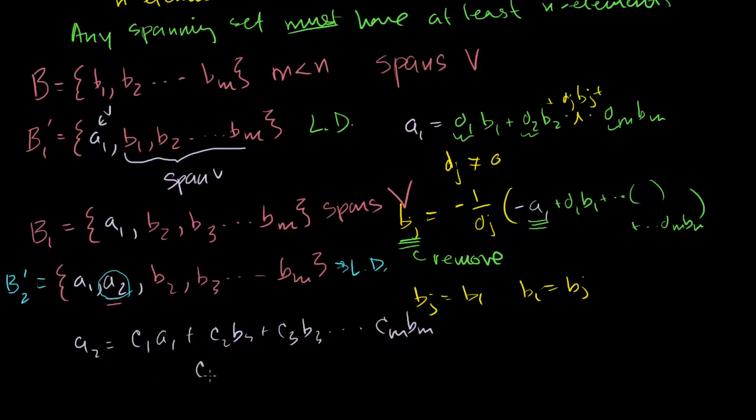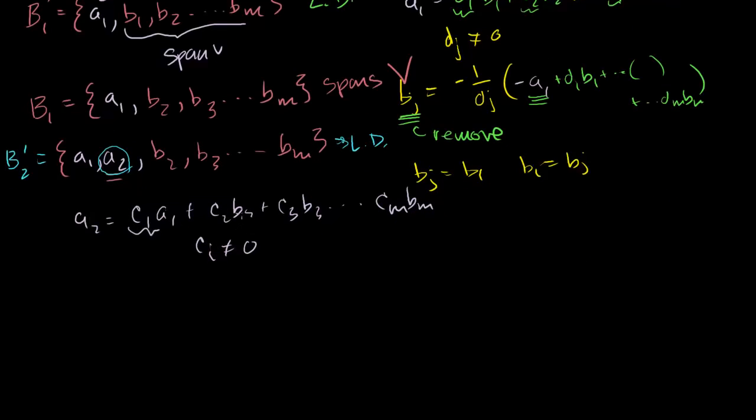So at least one of the Ci's does not equal 0. And I'll make the further claim that there's at least one that's outside of this one. It has to be that at least one of the coefficients on these B terms has to be non-zero. And the way you can think about it is, what if all of these guys were 0?